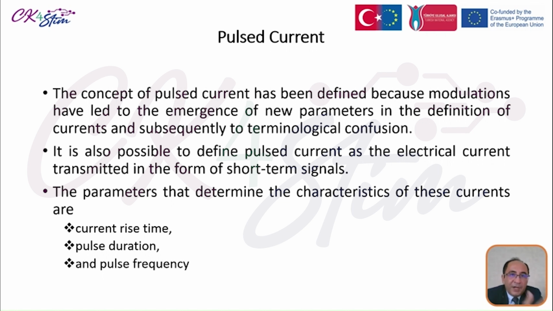It's possible to define pulsed current as the electrical current transmitted in the form of short-term signals. The parameters that determine the characteristics of these currents are current rise time, pulse duration, and pulse frequency.